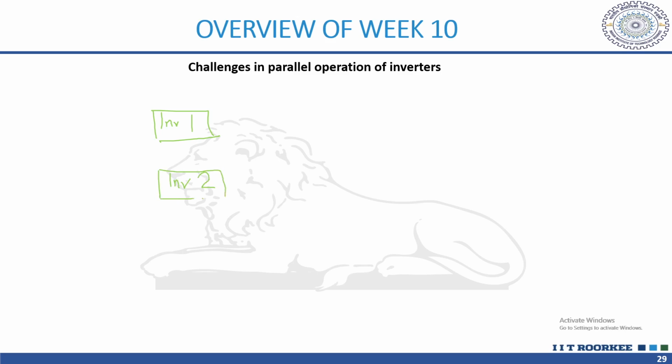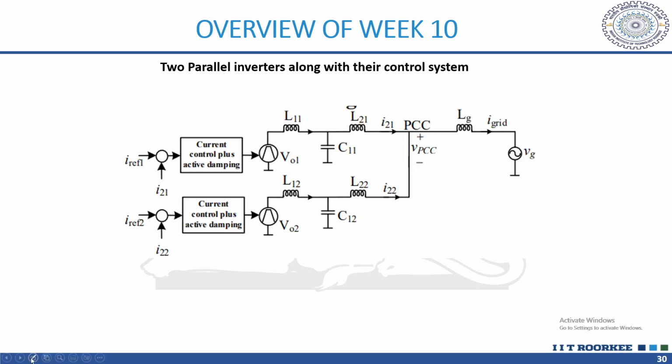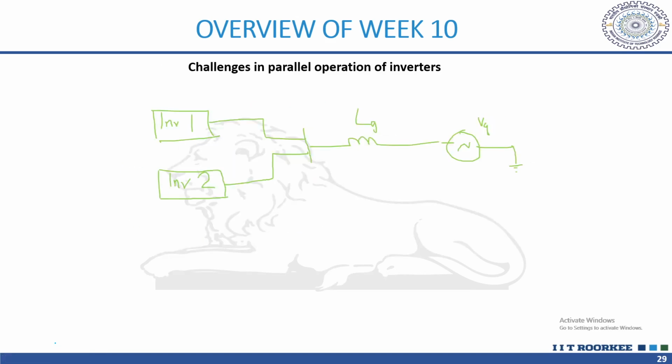When they are connected in parallel to provide the grid current, with V grid and L grid, this component, I21, I22, has two components.